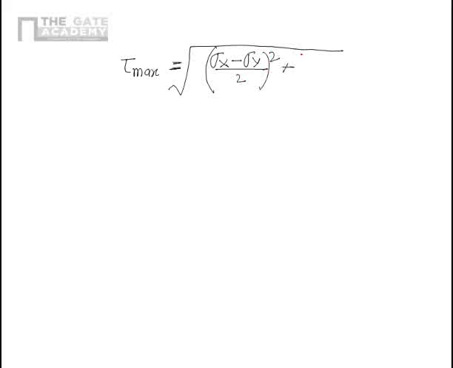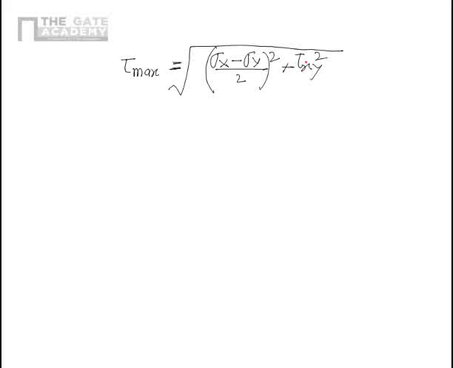Those planes have the maximum shear stress tau max, which is equal to the square root of sigma x minus sigma y by 2 square plus tau xy square.